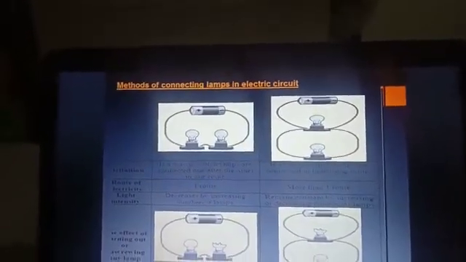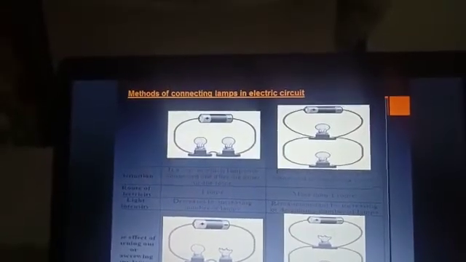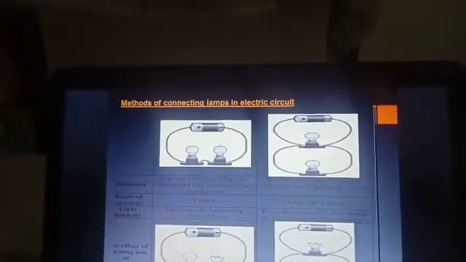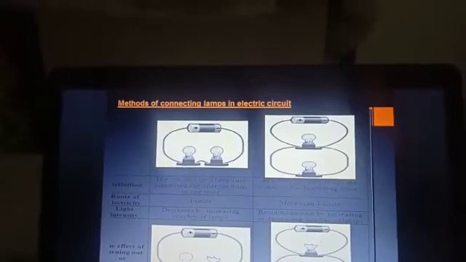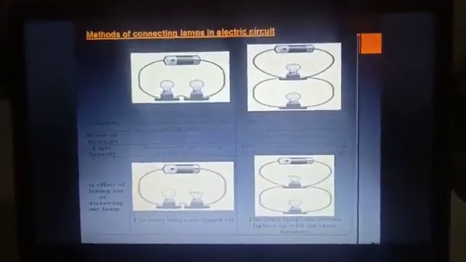You understand? So in series connection, the light intensity decreases by increasing the number of lamps. In parallel connection, it remains constant by increasing or decreasing the number of lamps. Why? Because each lamp has its own route.